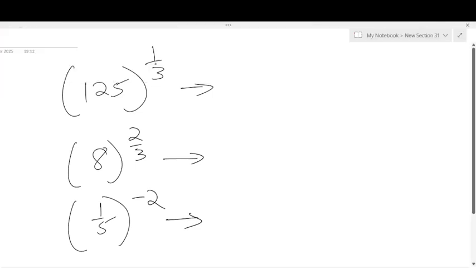The power is in fraction. How to eliminate 3? Can you tell me how to eliminate 3? Yes. Tell me. 5 to the power of 3 into what answer? 5.